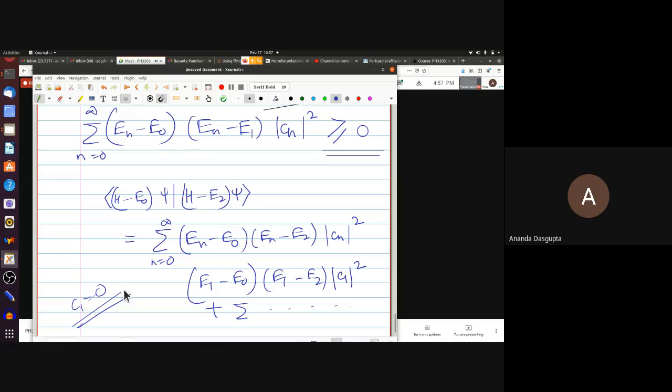So if you know that your family of wave functions that you are using for the variational calculation are all orthogonal to the first excited state, then you know for sure that C1 is 0. Right? Is that okay? And how do you know that they are all orthogonal to the first excited state?